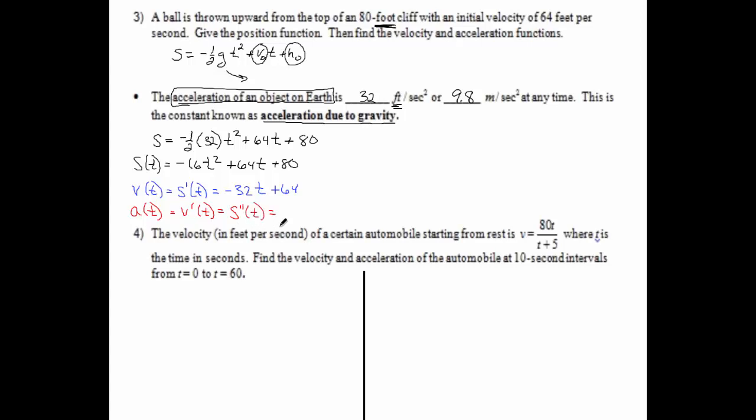So the second derivative of the position ends up being negative 32. You notice that that is equivalent to our acceleration due to gravity. All the negative does is tell us that the direction of the acceleration is pulling down. Okay?